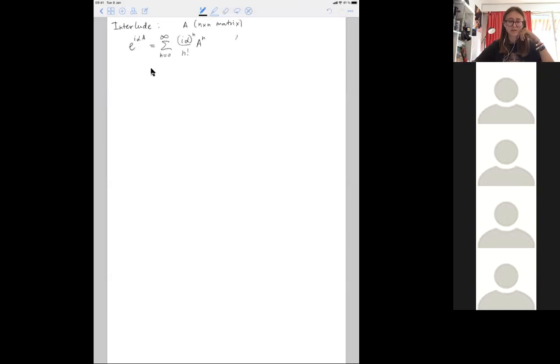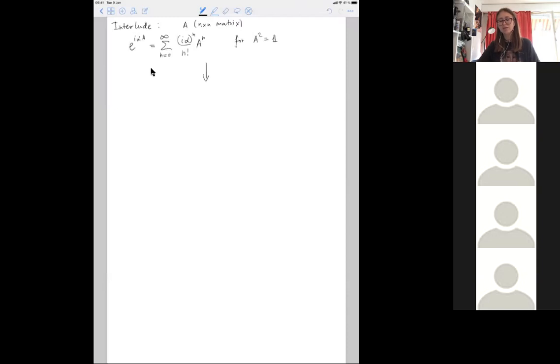But here we have a matrix A which squared gives us the identity. I will not prove it here, but just in case I included the proof in the solutions. For this case, you can see that since A squared equals identity, we can just separate this Taylor series into the Taylor series for the odd n and even n.